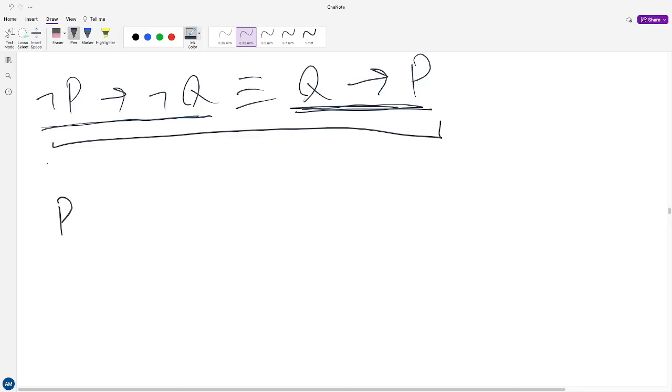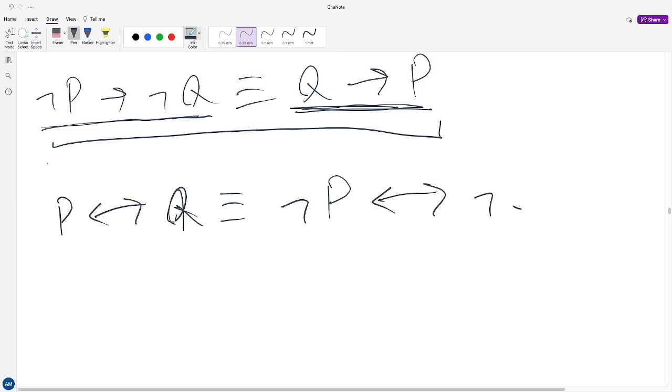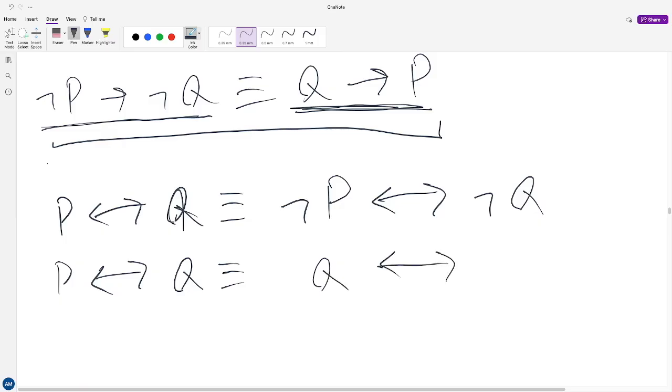P if and only if Q is the same thing as its inverse, not P if and only if not Q. It's also logically equivalent to its converse: P if and only if Q is the same thing as Q if and only if P.